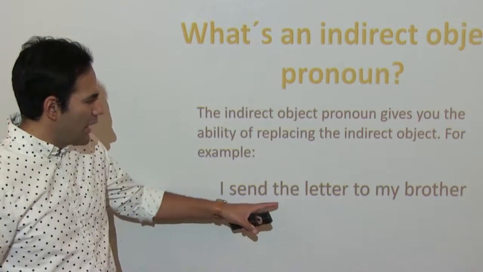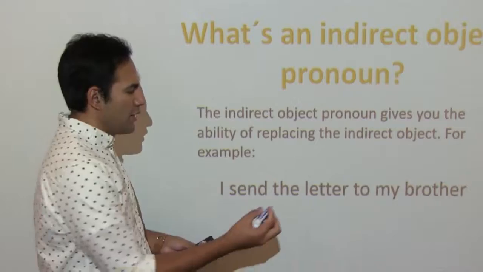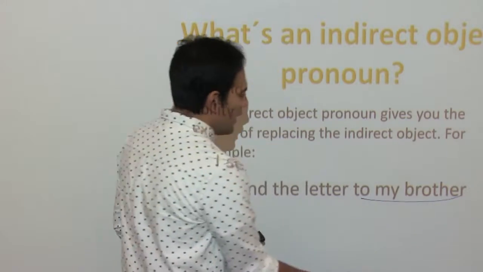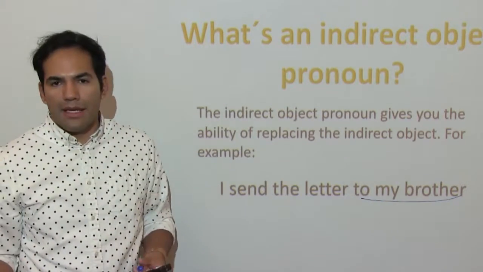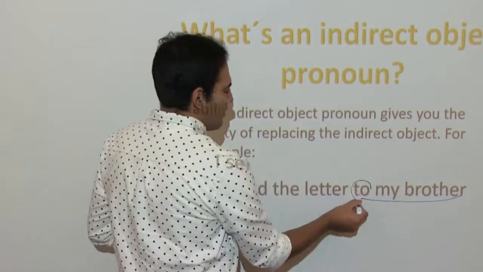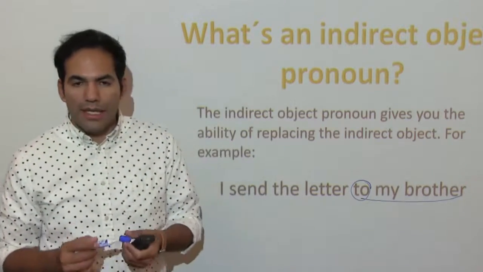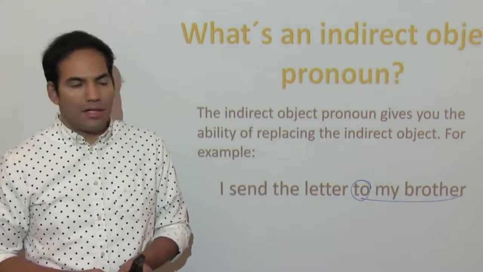And in this case, we have my brother receiving the letter, so then my brother is going to be the indirect object. And also, another important thing that can help us know which one is the indirect object is the preposition to. So in this case, I send the letter to my brother. We know that he's receiving the letter. He is the indirect object.